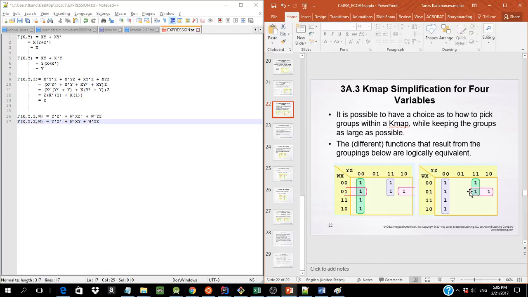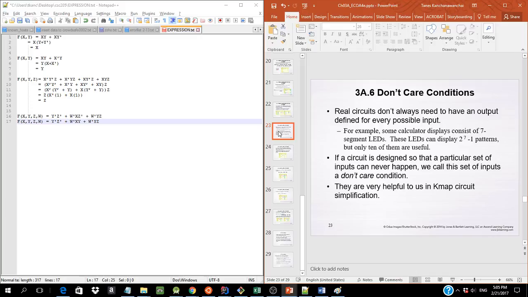But it doesn't mean that y and z prime are going to be equivalent, right? So, don't care.